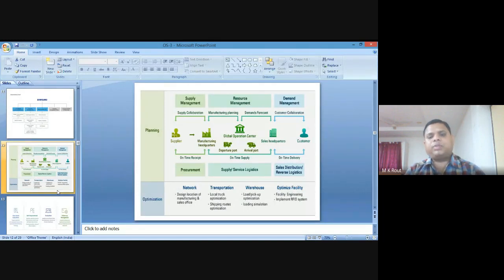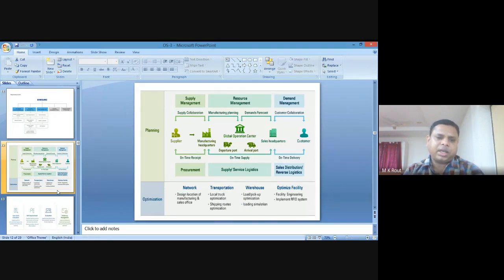After producing the goods, they go directly to the global operation center, where departure for port and arrival at port are considered. That means inbound logistics and outbound logistics, but the point is on-time supply. After that, they are sent to the different sales headquarters, where they can deliver to a larger volume of customers on time.